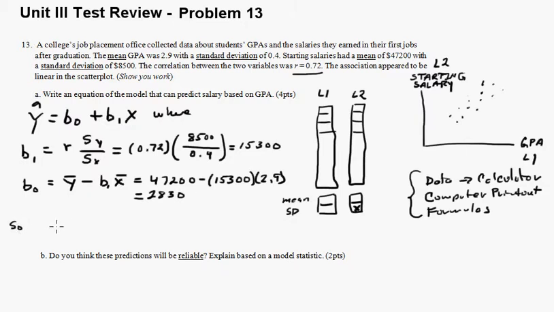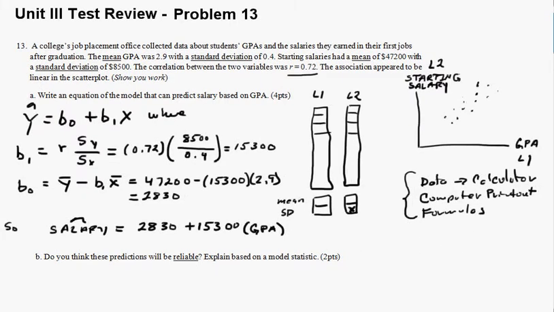So the model would be salary hat equals the y-intercept 2830 plus 15300 times GPA. Okay? So that's how you do the first part.